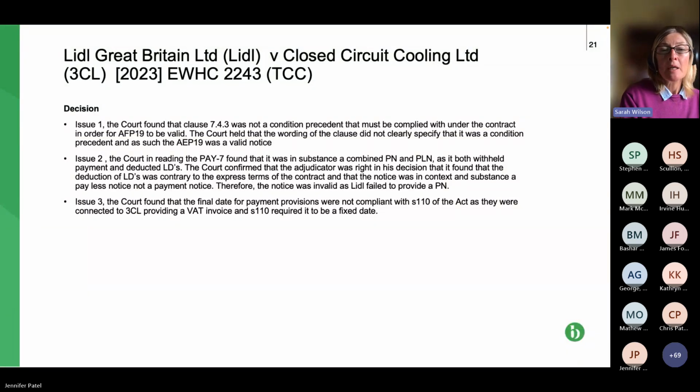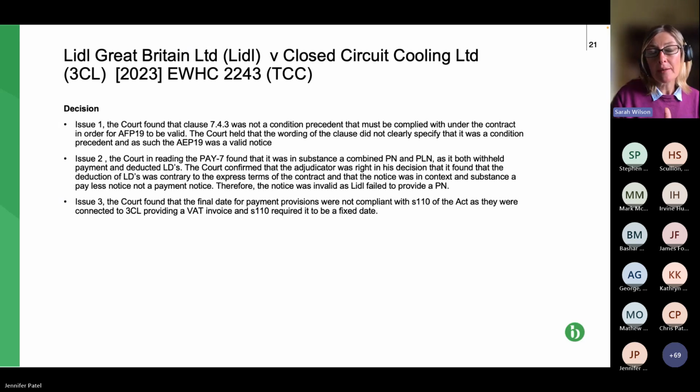It's issue 1, because it said the clause wasn't drafted as a clear condition precedent to the validity of the interim payment process. And then the final point, I'm not going to cover issue 2 because it was discrete to that contract, but the final point is this issue 3 that I've already talked about, where the final date for payment in the contract was related to the date on which the party applying for payment, the contractor, submitted a valid invoice following the payment notice.